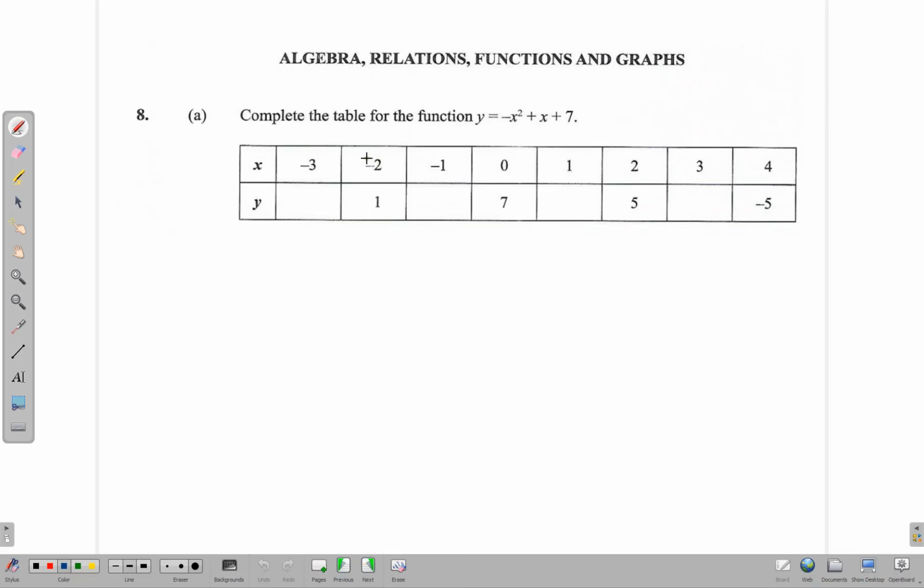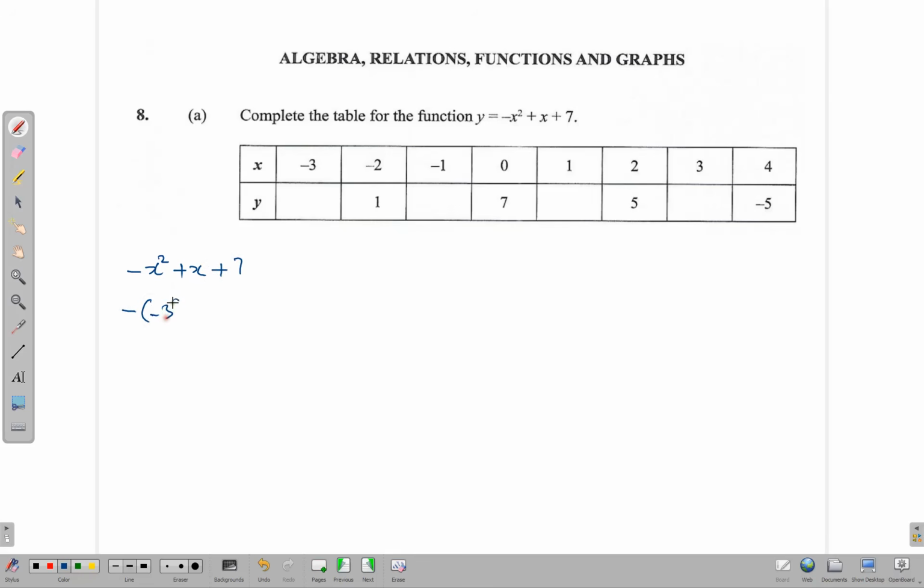Here we have a table of values, we have our domain from -3 to 4 and we're asked to work out some values that fit in our range or the codomain, and so we're going to just substitute these numbers into the function and get our values. Note that it says minus x squared plus x plus 7, and so we're going to substitute each value.